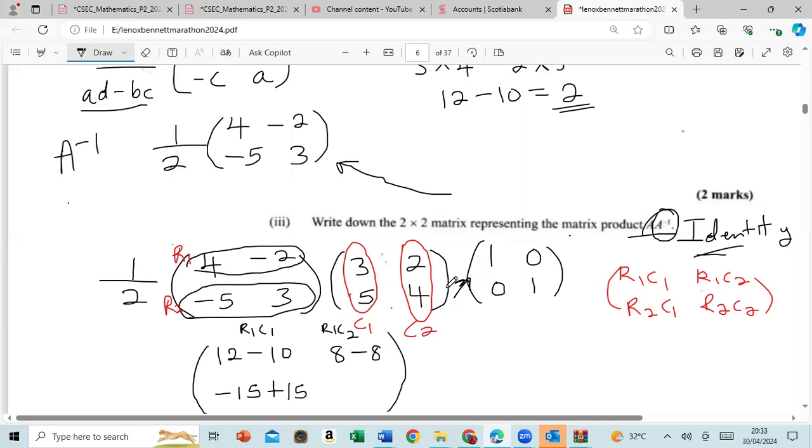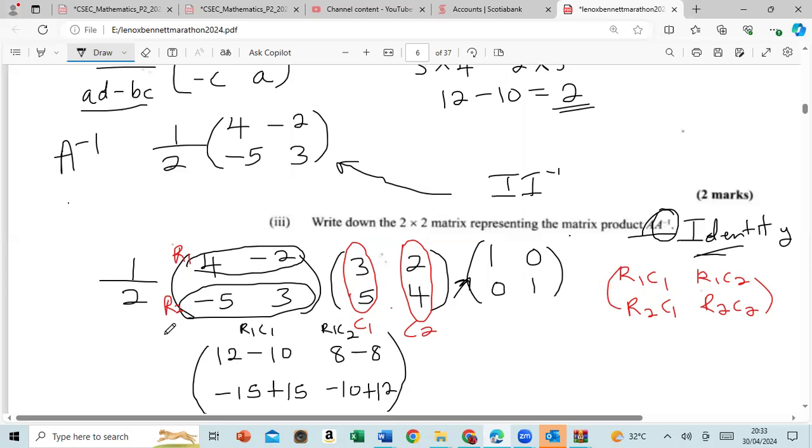Sometimes CXC will literally say, show that AA equals I, or sometimes they put the 1, 0, 0, 1. And then negative 5 times 2, that's negative 10, and then 3 times 4, 12.